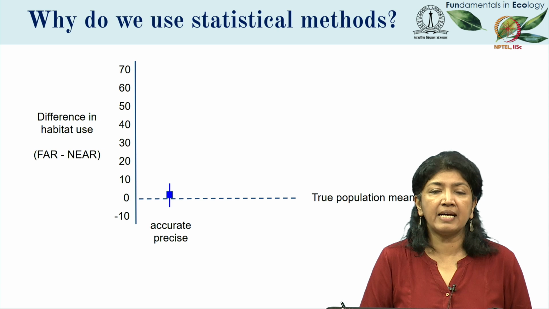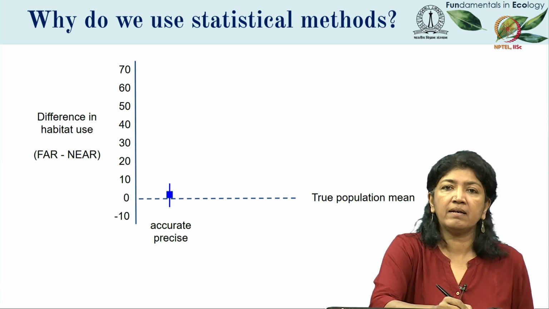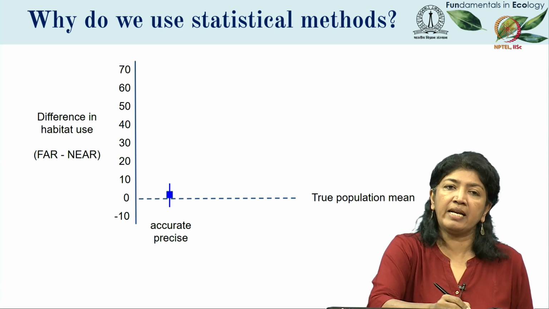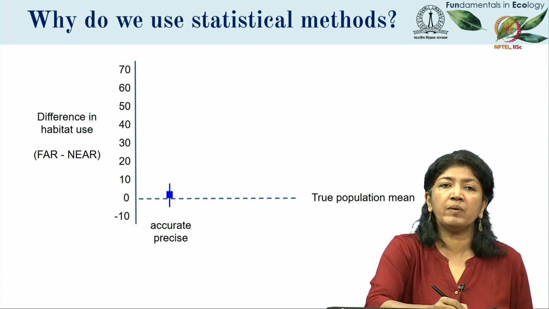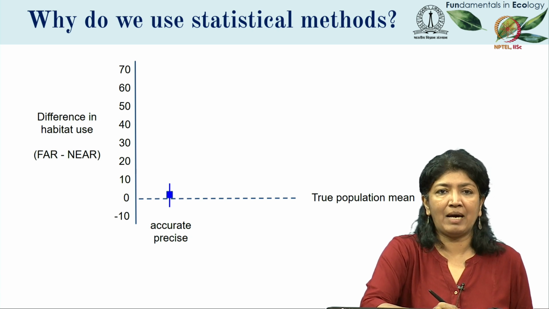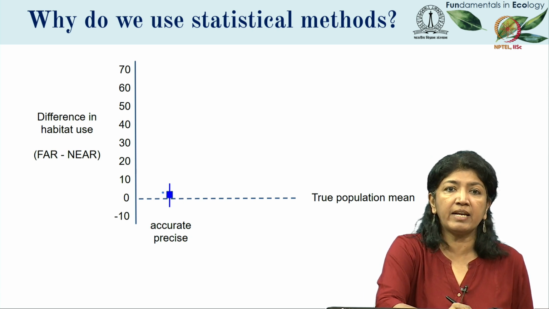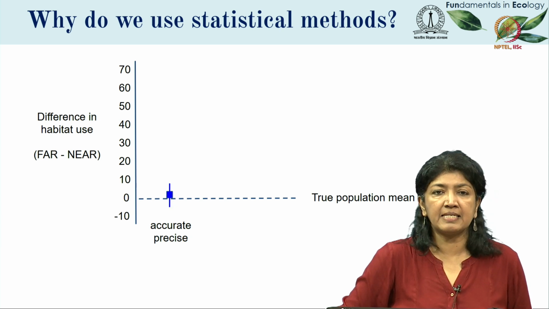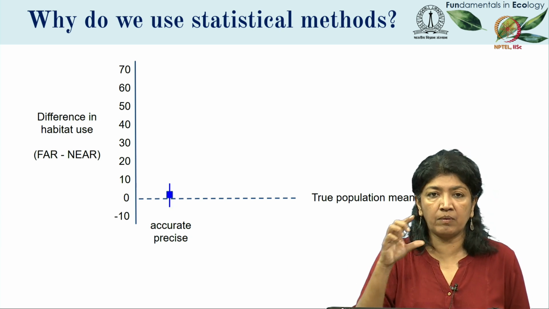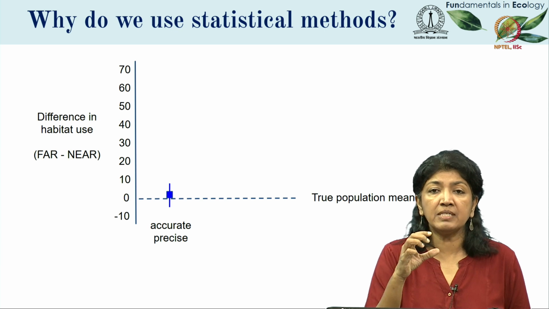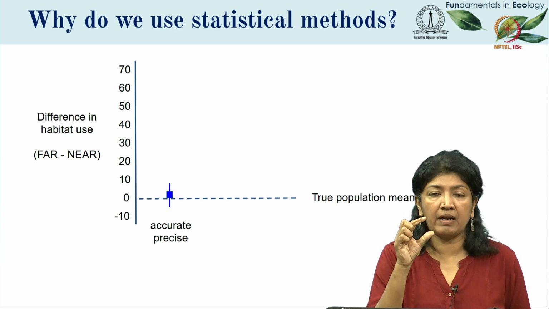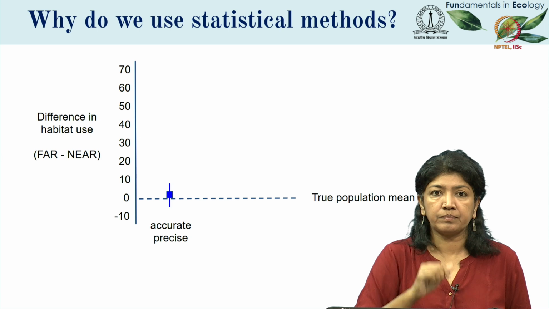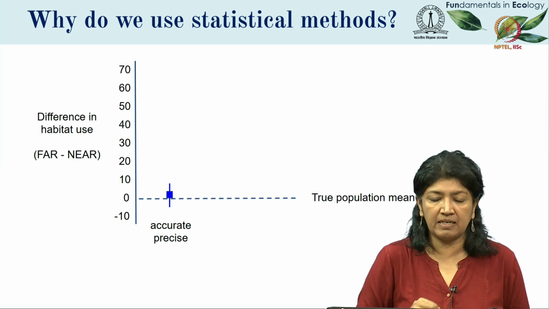Now, if we carry out our study, calculate the difference between far and near in butterfly habitat use, and we get an estimate that is very close to 0, we have got an accurate estimate and it is also very precise because the estimated error around our difference in habitat use is very small, our uncertainty is low. So, this would be an ideal result.